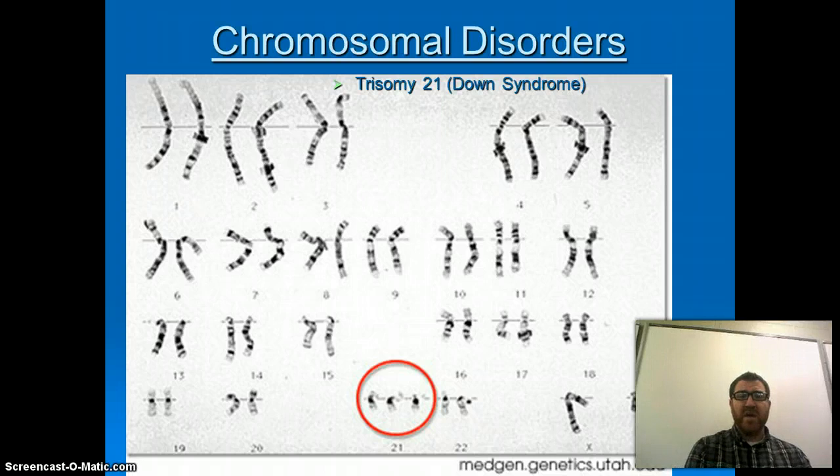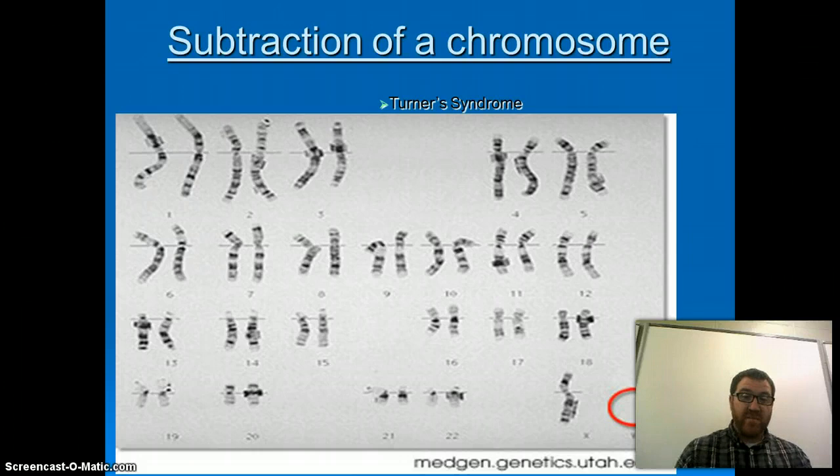Some chromosome disorders. Again, I mentioned earlier on that you can have too many or too few of these. Here's trisomy 21, or Down syndrome, with the resulting trisomy at the 21st chromosome pair. We have another case here with Turner syndrome. This one is different. It's not as well known as Down syndrome. If you take a look at the sex chromosomes, you'll see that this individual is missing a second sex chromosome.